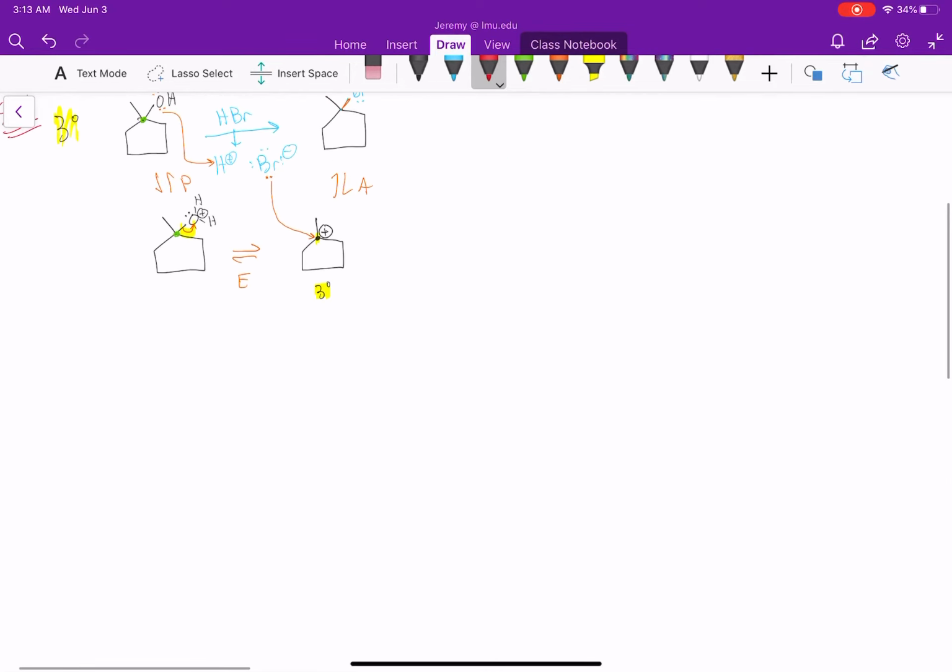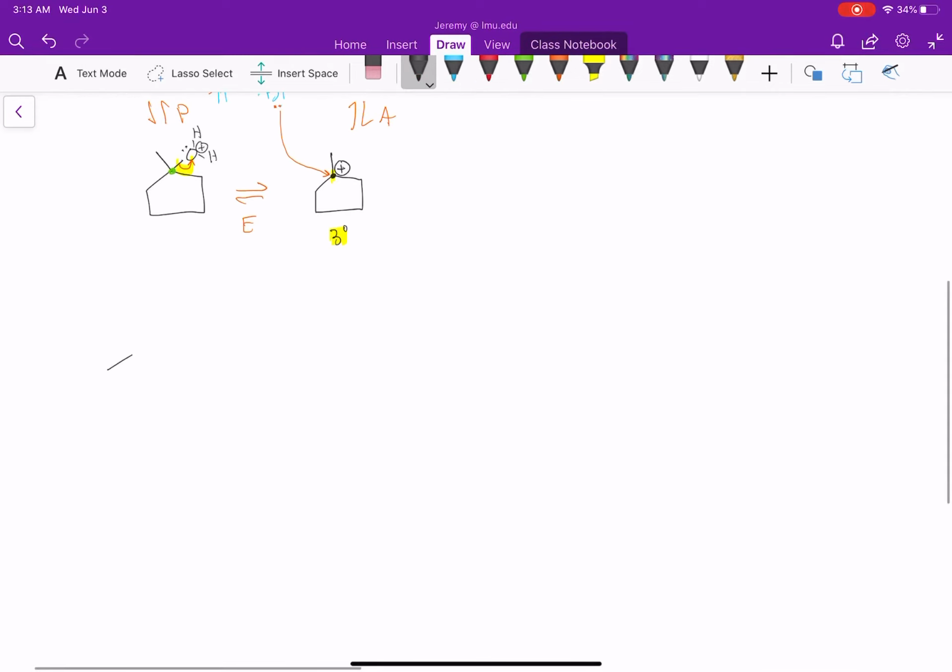What about a secondary? Secondaries are a little more complex because they can happen via either mechanism. So we know the product that we're going to get: our chlorine replaces our alcohol, but this can occur via an SN2 or an SN1 mechanism.